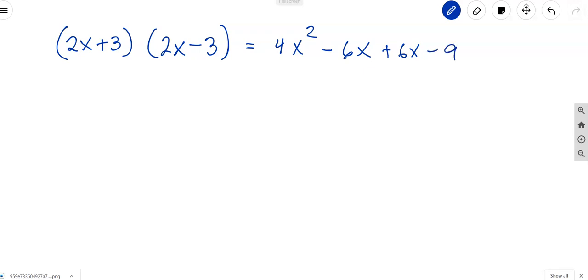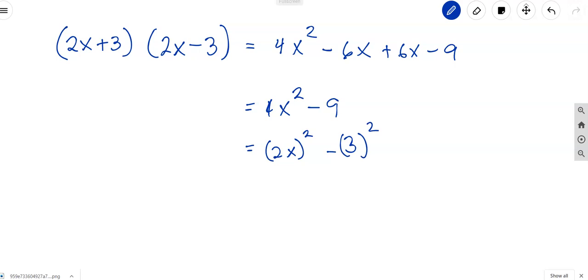So therefore, we can have here 4x squared minus 9. So this one now we can write as 2x squared minus 3 squared.